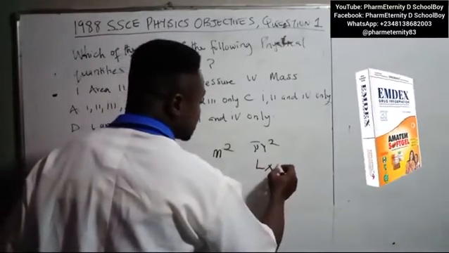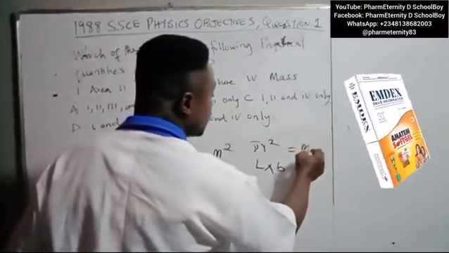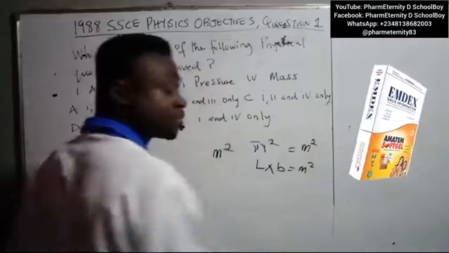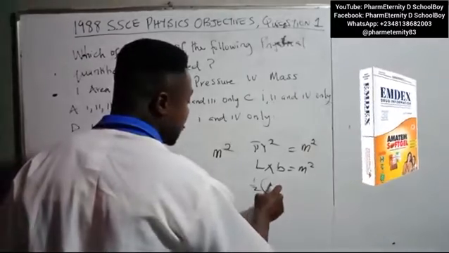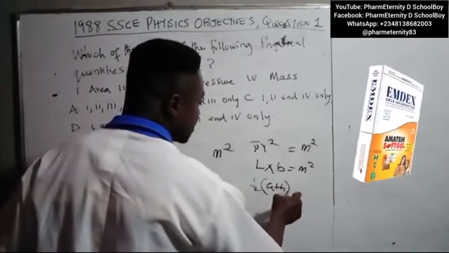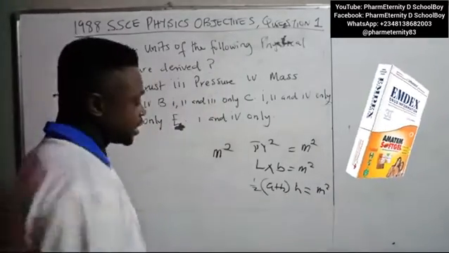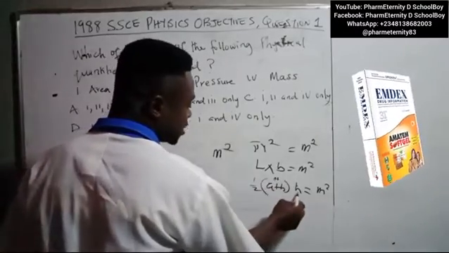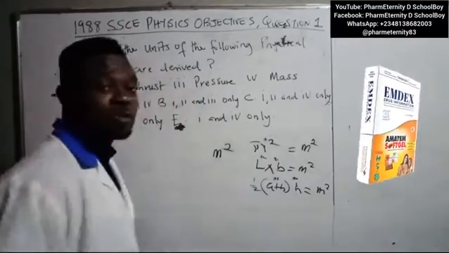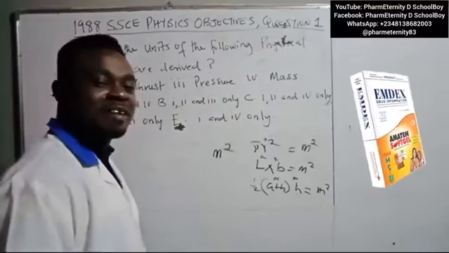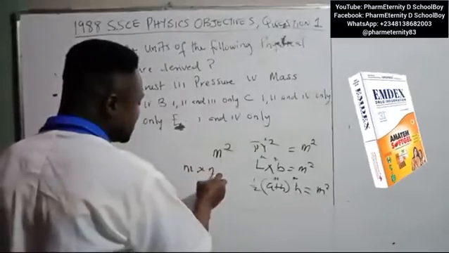whether it is length times breadth, at the end it will give rise to meter squared, irrespective of the area you are talking about. Whether it is half AB, or half A plus B times height for a trapezium, everything still boils down to meter squared, because this and this give us meter. So the SI unit for area is meter squared, and meter squared is just meter times meter.